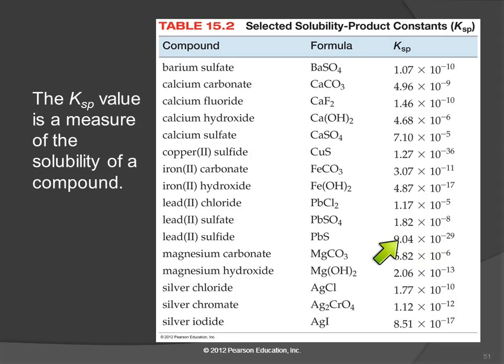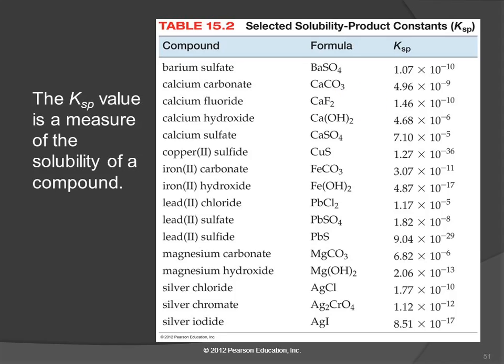So there are some lead and sulfur ions that do dissolve, but very, very few. The concentration of them is so low that when you multiply them together, you get 10 to the minus 29. Here's another one, copper sulfide. That one's really tiny too, 10 to the minus 36. Calcium carbonate, 10 to the minus 9. That's also considered insoluble.